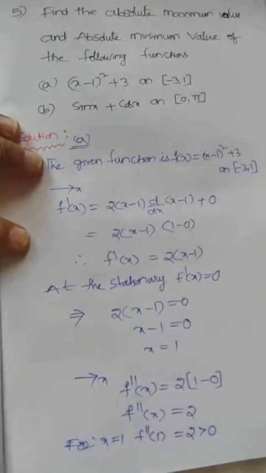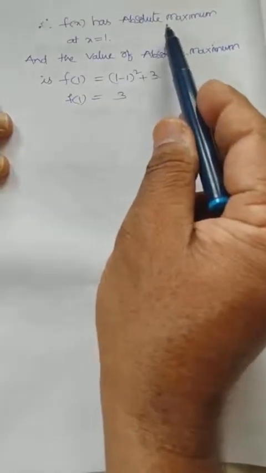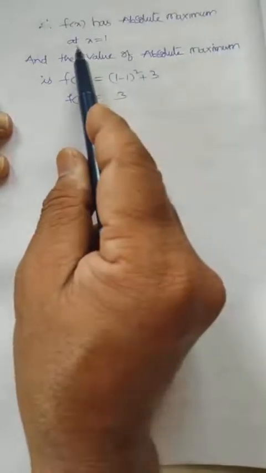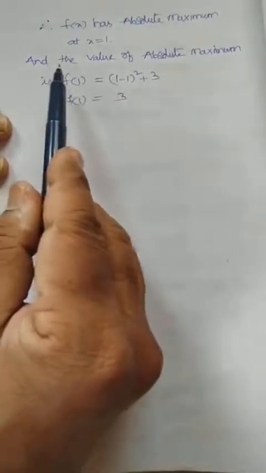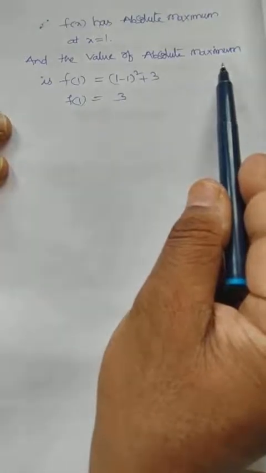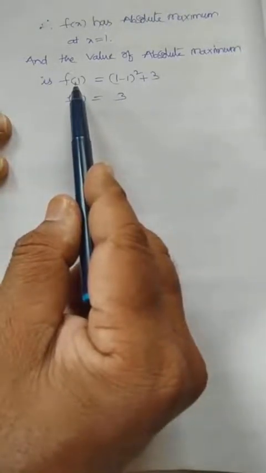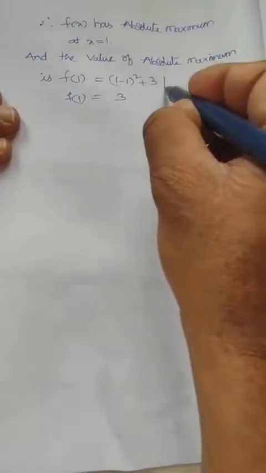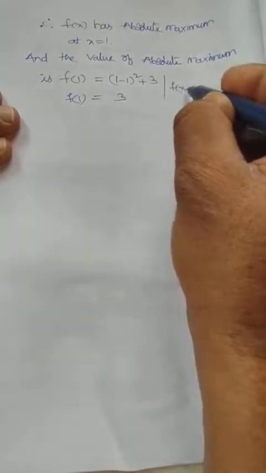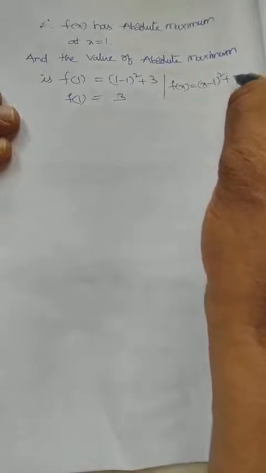Therefore, f of x has an absolute maximum at x equals 1, and the value of the absolute maximum is f of 1. What is our function? Our function is f of x equals x minus 1 whole square plus 3.